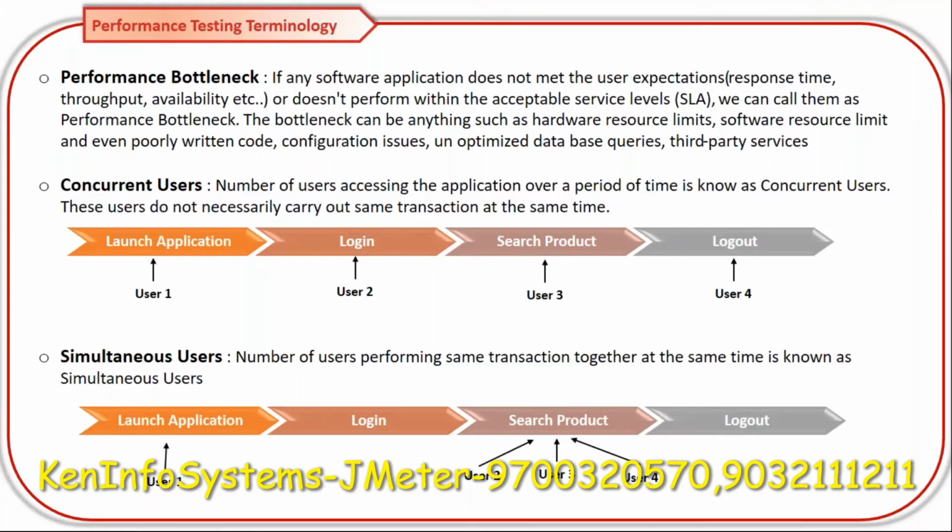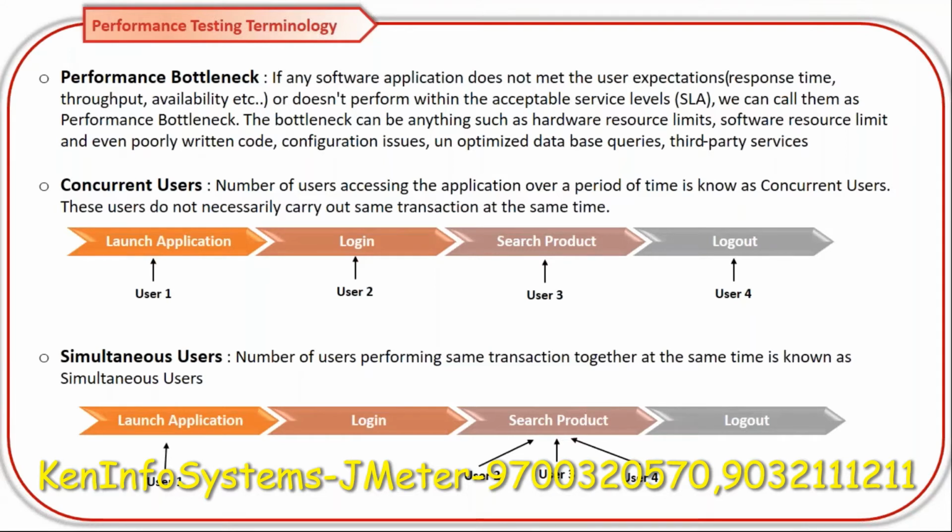Then we'll discuss what concurrent users and simultaneous users are. During this course, we will use these terms. Concurrent users and simultaneous users are not the same. They are different. Let's see what exactly concurrent users means and what exactly simultaneous users means.